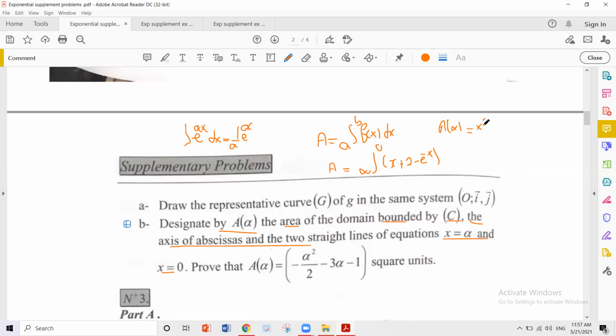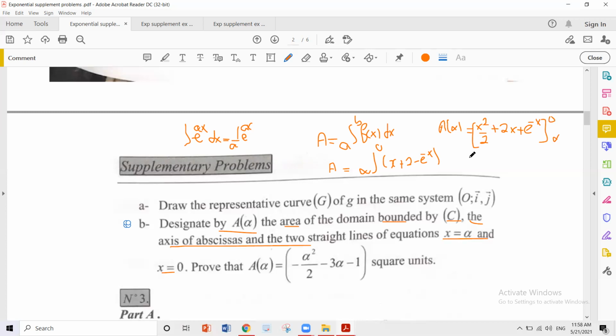X squared over 2 plus 2x minus e to the minus x, which becomes 1 over minus 1, so plus e to the minus x, between alpha and 0.